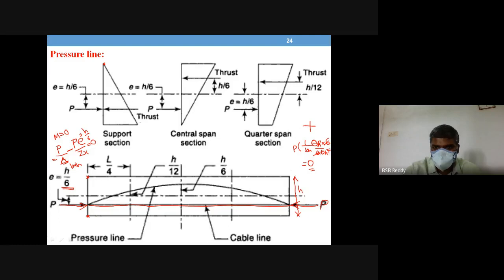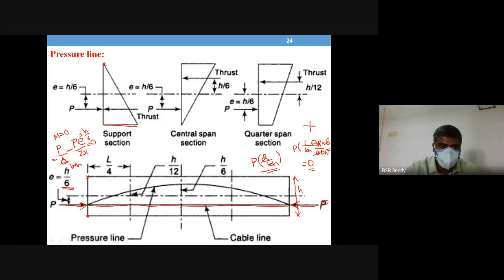P into 1 by BH plus 1 by BH. Okay. So it is like 2 divided by BH. That is the stress value, this much compression.